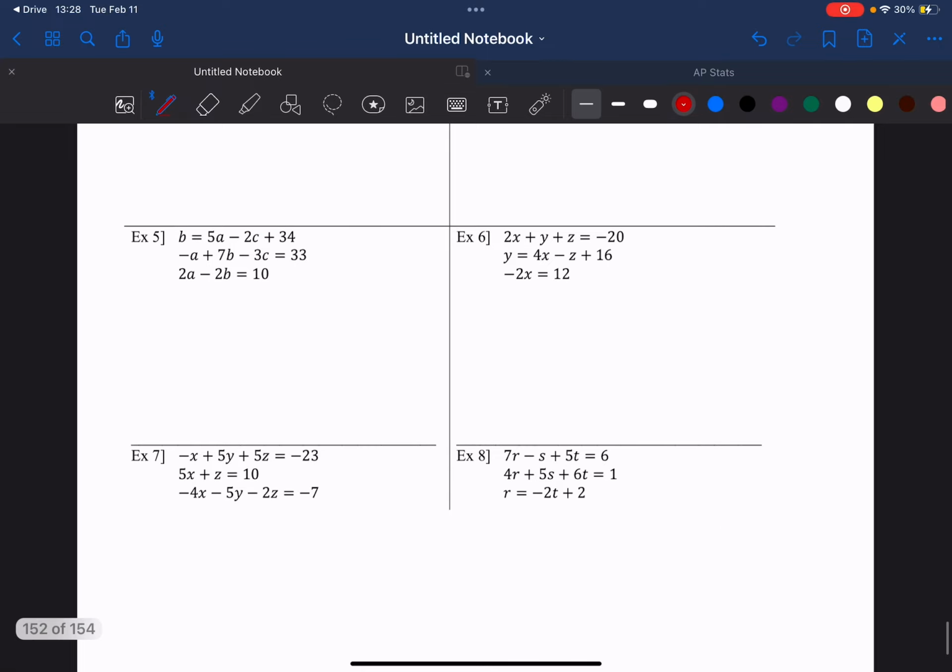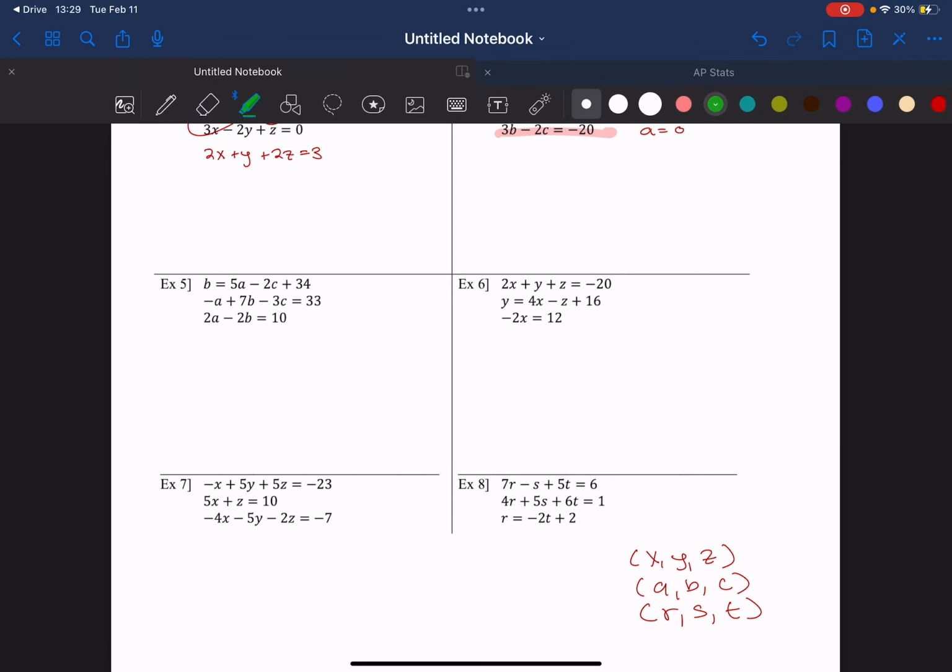And then the only other thing you need to pay attention to is the order of the variables. We're used to doing x, y, z. There is another one like number 5, which is a, b, c, and then number 8, which is r, s, t. Just think alphabetical order.